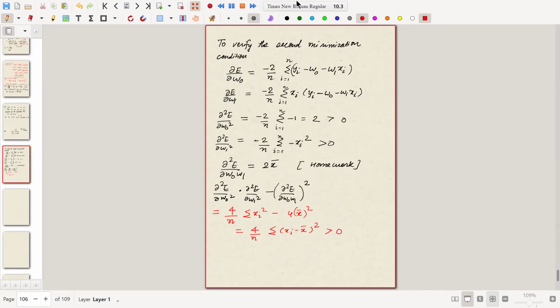And this will always be greater than 0. After solving this, you will come to here. I already have it here. You just have to plug it in.